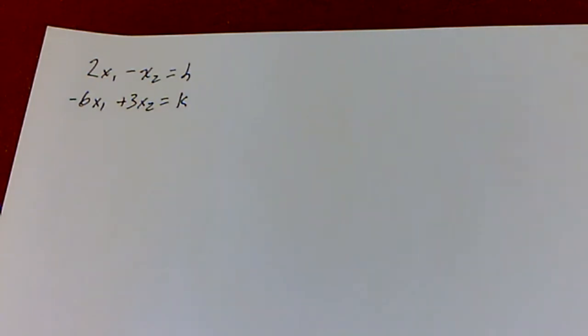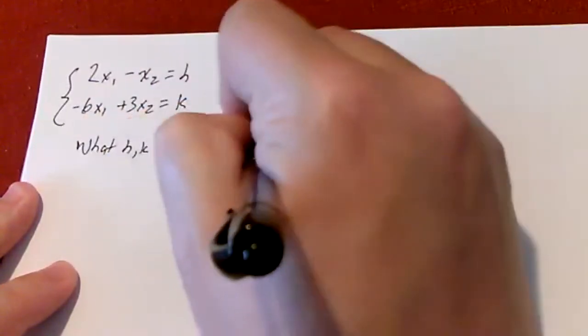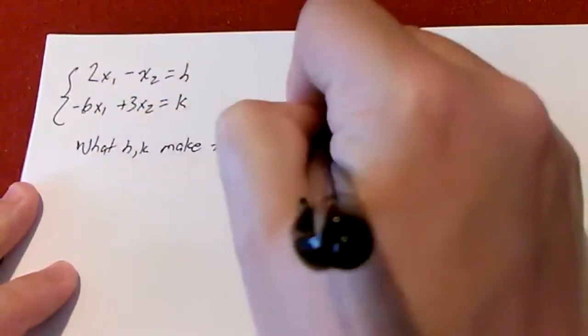I'm going to have this system. I want to figure out what h and k make the system consistent.